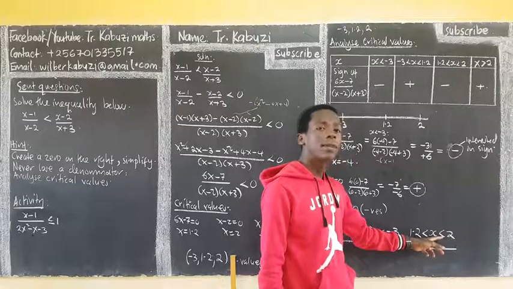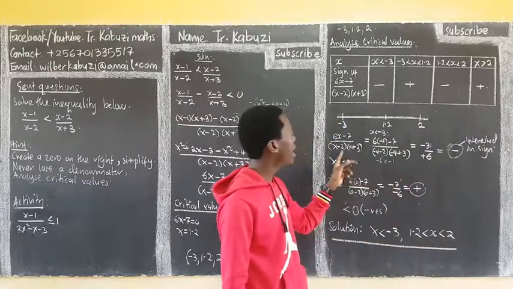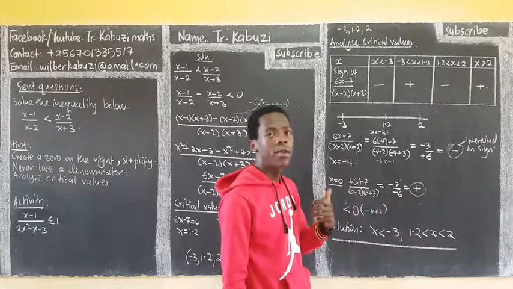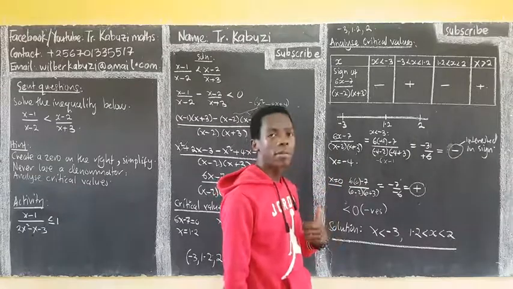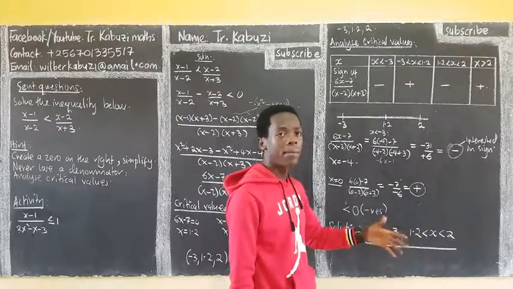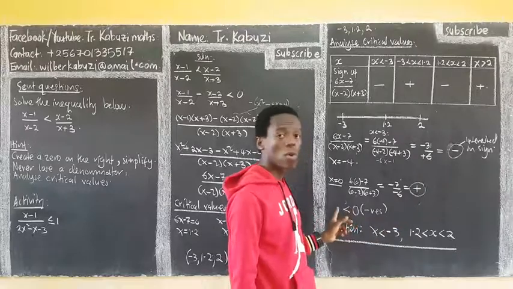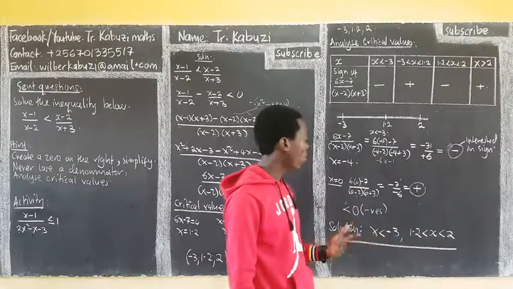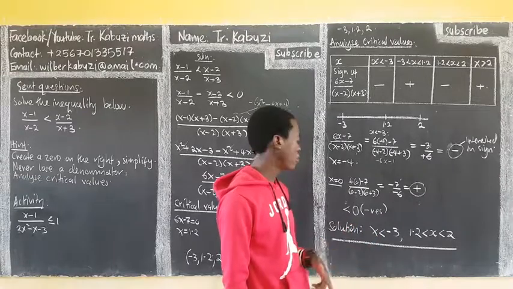But this one, you see it's coming from the denominator. Any critical value that is coming from the denominator, you don't put a possibility of equaling to. That's how you would know where you put and where you don't put.